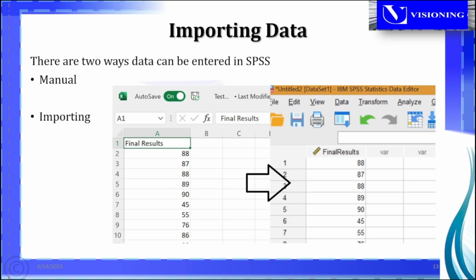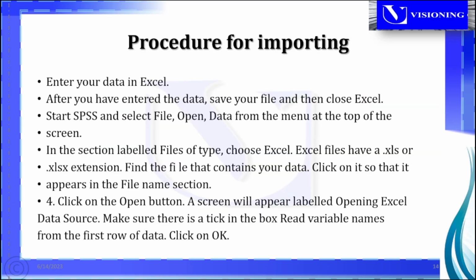There are times too that you have a large number of data where doing it manually is going to be a very difficult task. So it's best if you have already inputted the data, let's say in Excel, you just import from Excel to SPSS.